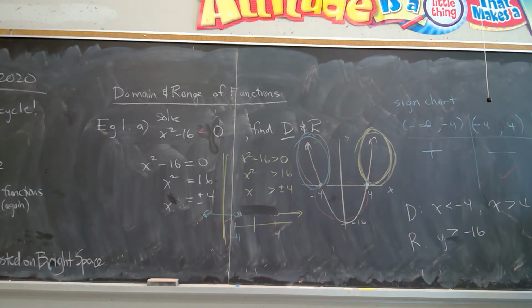So the domain would be between -4 and 4. Right? So it's the opposite, right? Does that make sense? So the sign chart helps us to figure out where the regions are positive or negative to make the condition true. Okay? And that's why inequalities are like that. So there's a couple of things that we're doing. But it's a good question.